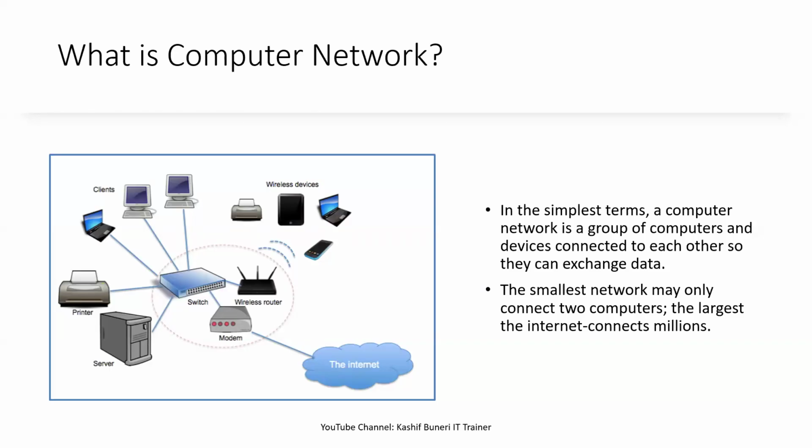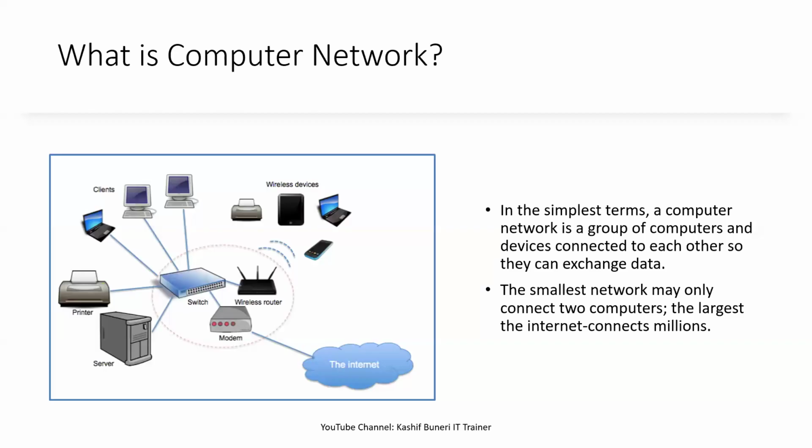It could be cable, it could be wireless, and they are allowed to share their resources. Like you have two computers, and one computer has a printer attached, and you share that printer with the other computer. So this is also called a computer network.